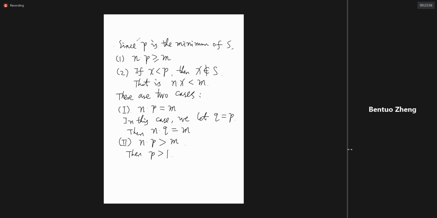Good. Since P is greater than 1, recall the properties we had: any number which is not the initial number of the natural numbers has an immediate predecessor.